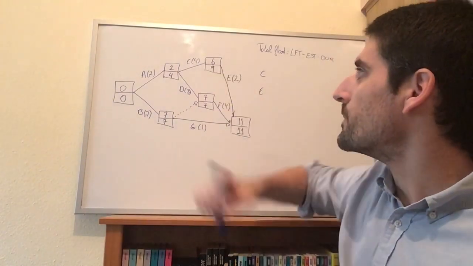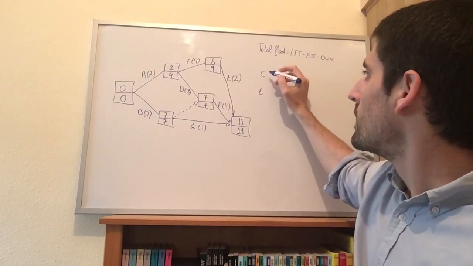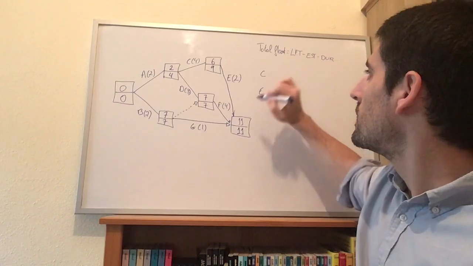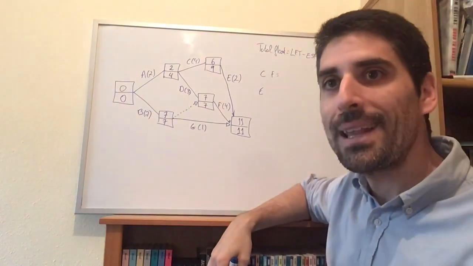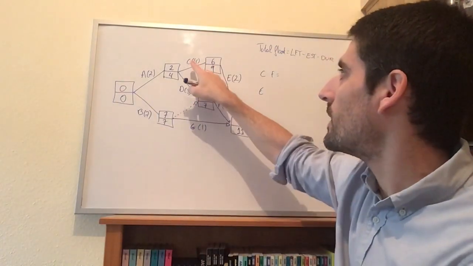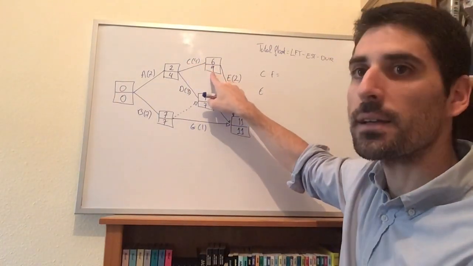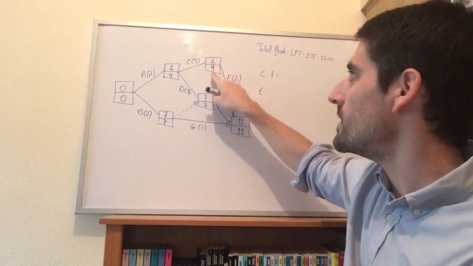So let's look at C. The float for C is going to be, what's the latest that we can finish activity C? Well, it's 9. The latest it could finish would be 9.